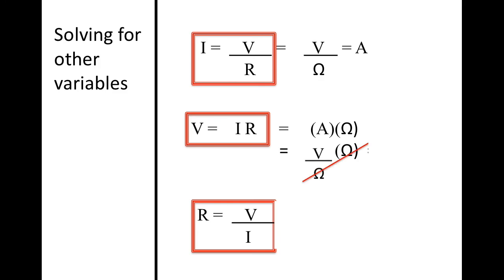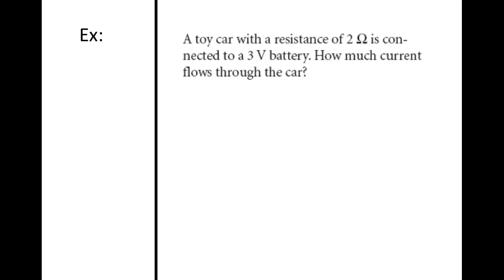And the ohms would cross out, which would then leave you volts for your voltage. With resistance, we have volts divided by the current, which we know is volts divided by ohms. The volts would cross out, and you would be left with ohms. This is just to give you an idea of how you get your units of measurement when you're solving for certain variables. Here's an example.